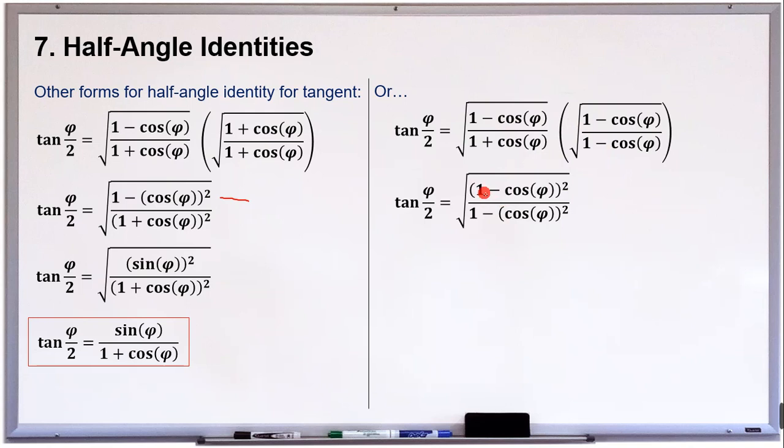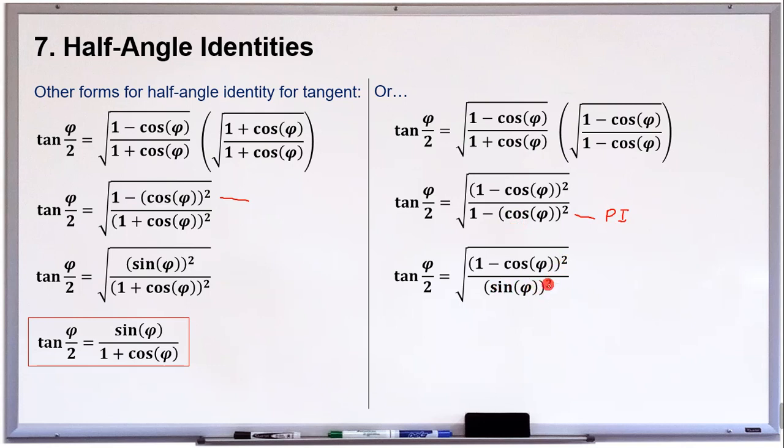In the numerator, this is a binomial expression of 1 minus cosine phi squared. And in the denominator, we use the sum and difference of two terms, so you have 1 minus cosine squared phi. We can use the Pythagorean identity in our denominator. It will become sine squared phi.